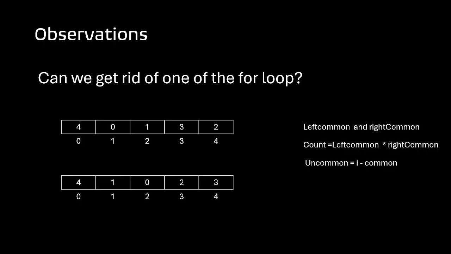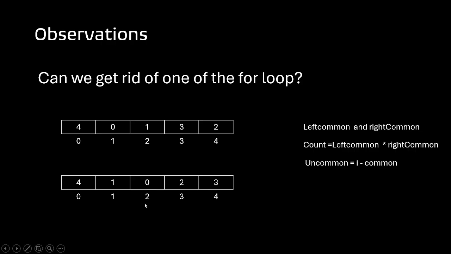But because it doesn't occur here, it will definitely occur in this part. So this entire range will have exactly one uncommon element.